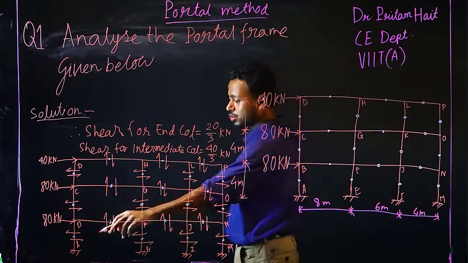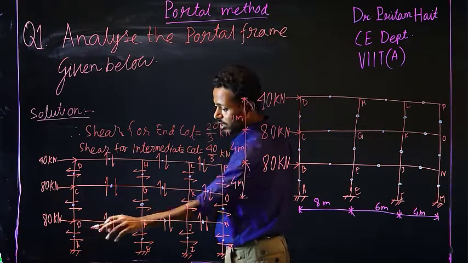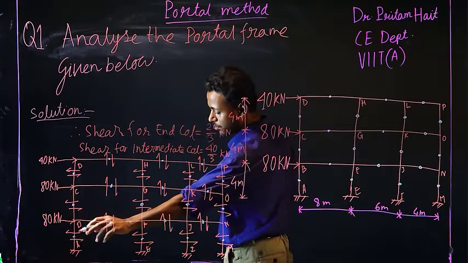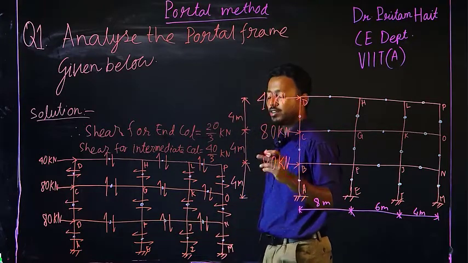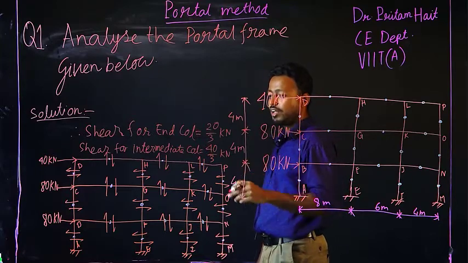Then come to the first story: just above the point of contraflexure all the shear force acts opposite to the 80 kilonewton, and just below the contraflexure those are opposite. In this way you can draw the forces in the column, and come to the beam.